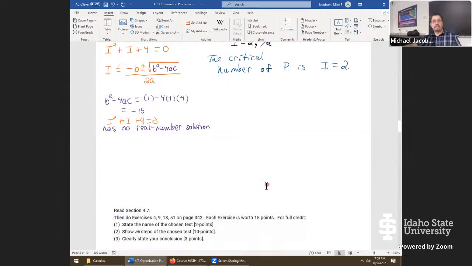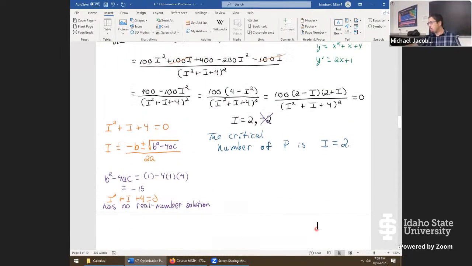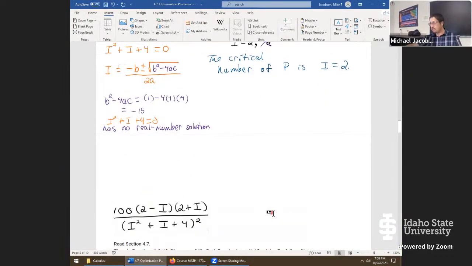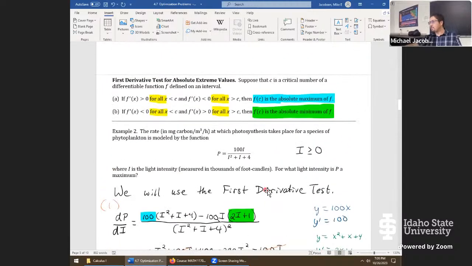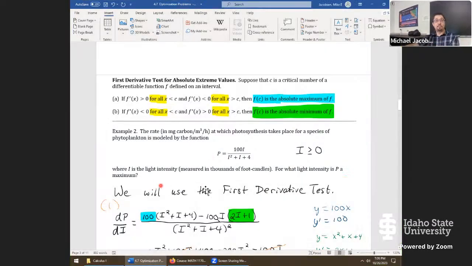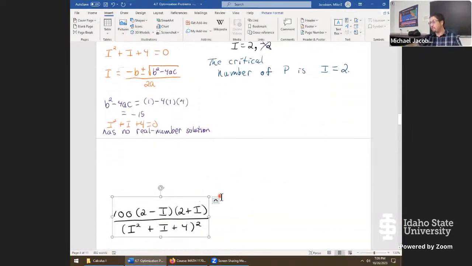So let's go down below just so we can make sure this is all going to fit. We're going to need the first derivative. Let me paste that below. And just in case we need it, let's also grab the original function, or let's grab the whole example too, actually, because we need to look at the instructions to decide what does the conclusion even look like for this problem.